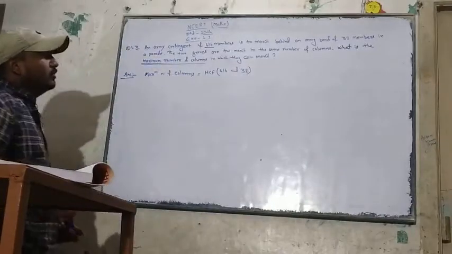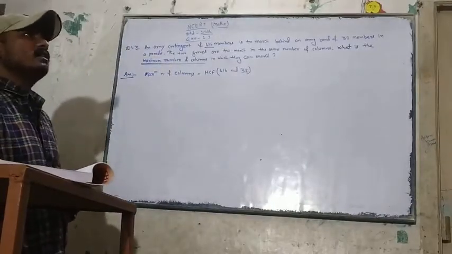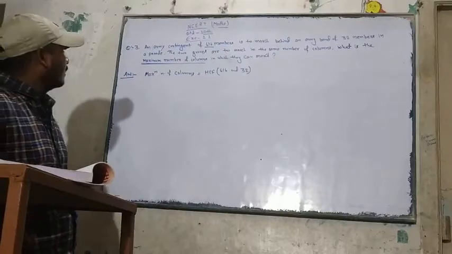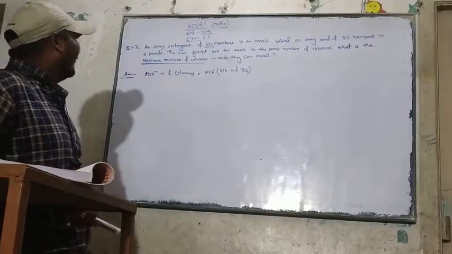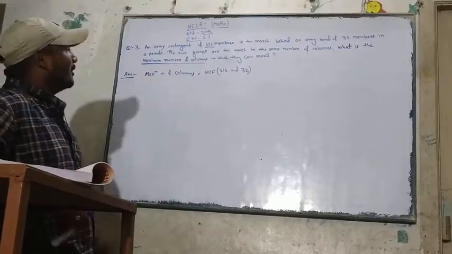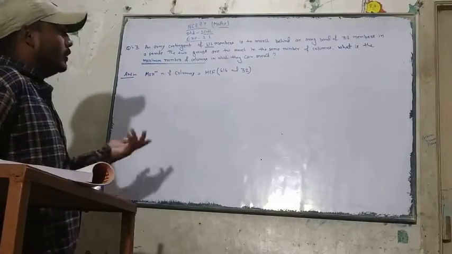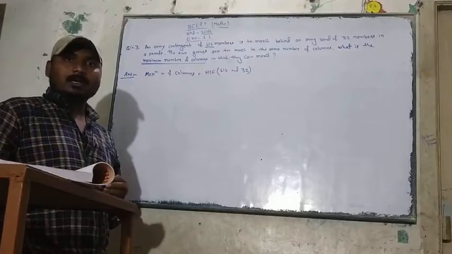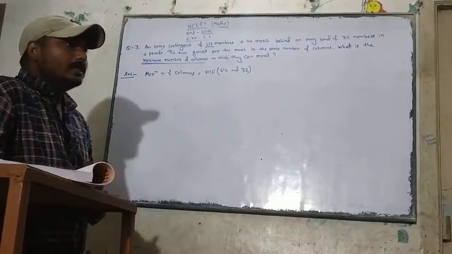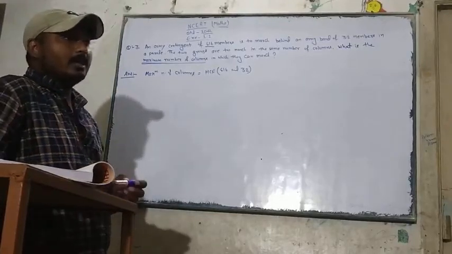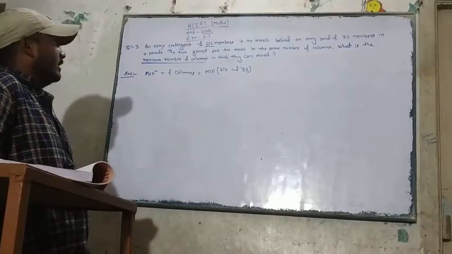This type of question we solved in class 6 or 7. But now we have to find the maximum number of columns, the HCF of 616 and 32, by the process of Euclid's algorithm. Understood? In the last class, we discussed how we can find the HCF of any two numbers by Euclid's algorithm.